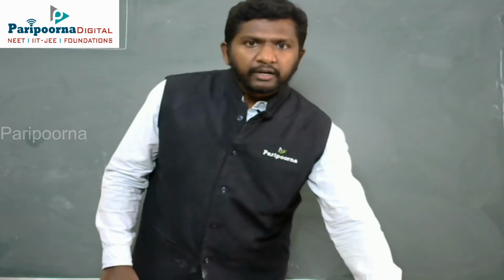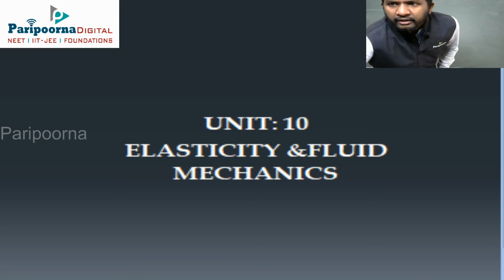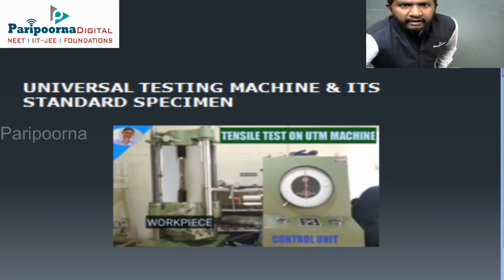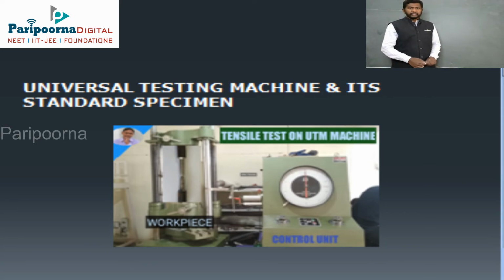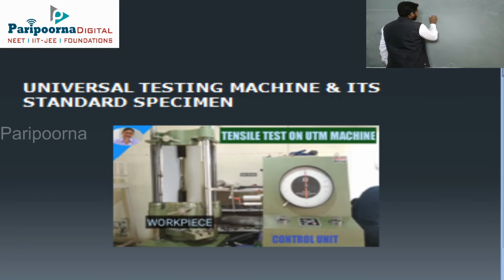Now let me explain how the tensile test apparatus works and how it is displayed. This is a universal testing machine. It has a movable jaw and a fixed jaw. In between them, the component is placed like this. This is tensile loading.